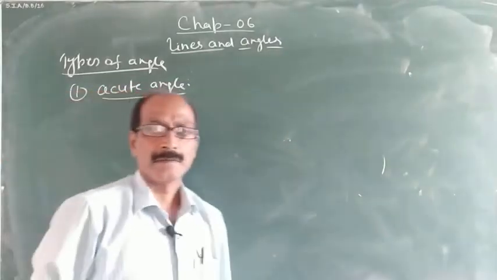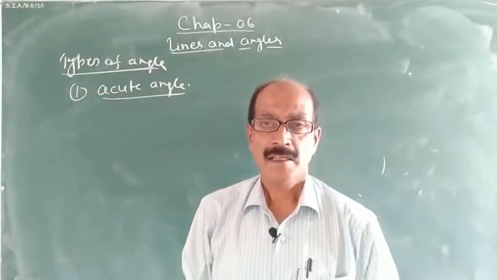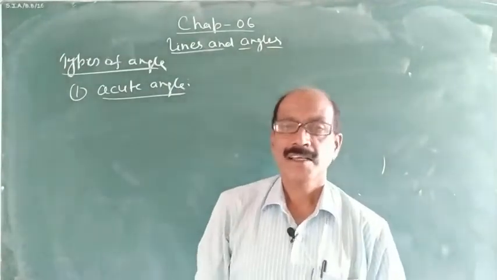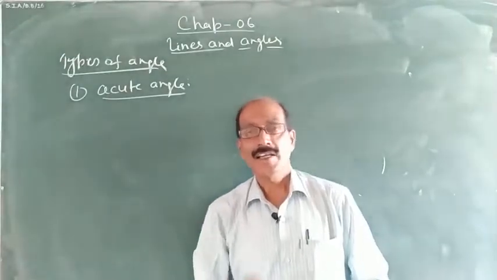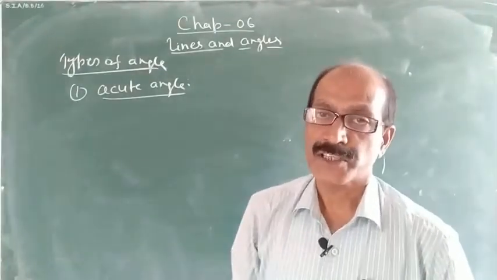An angle greater than 0 and less than 90 degrees is called an acute angle.